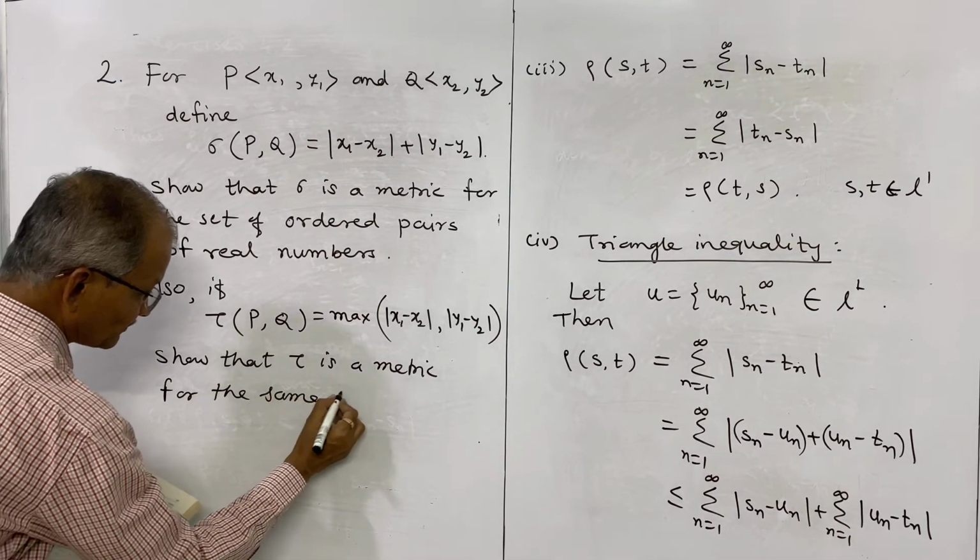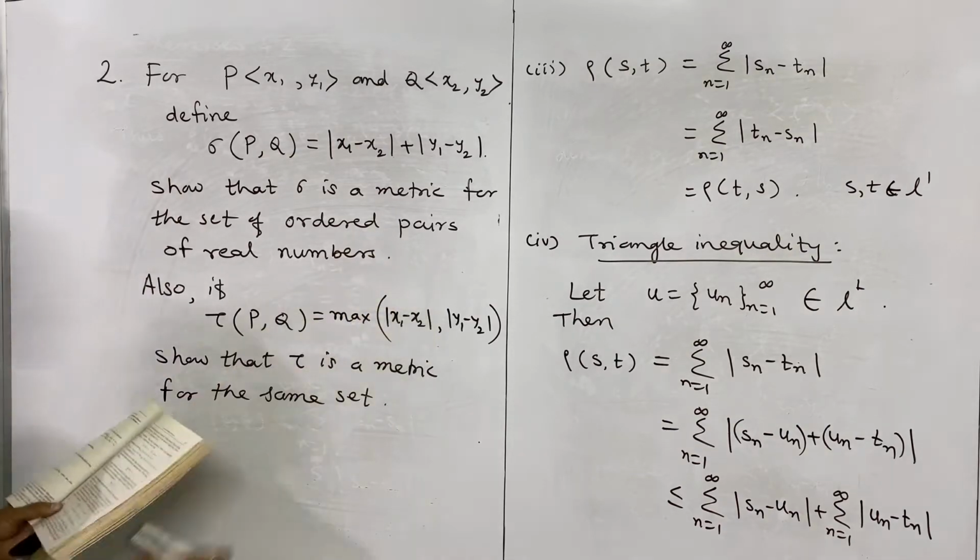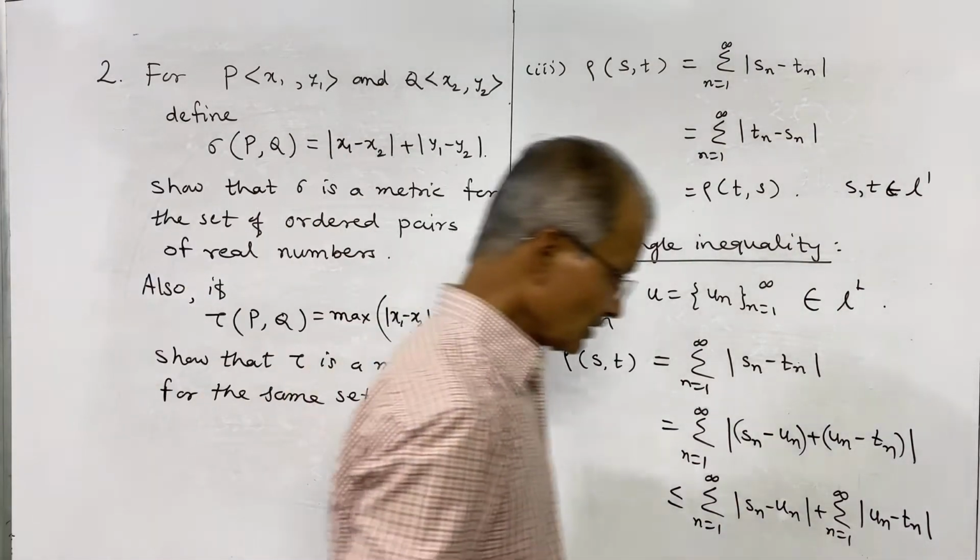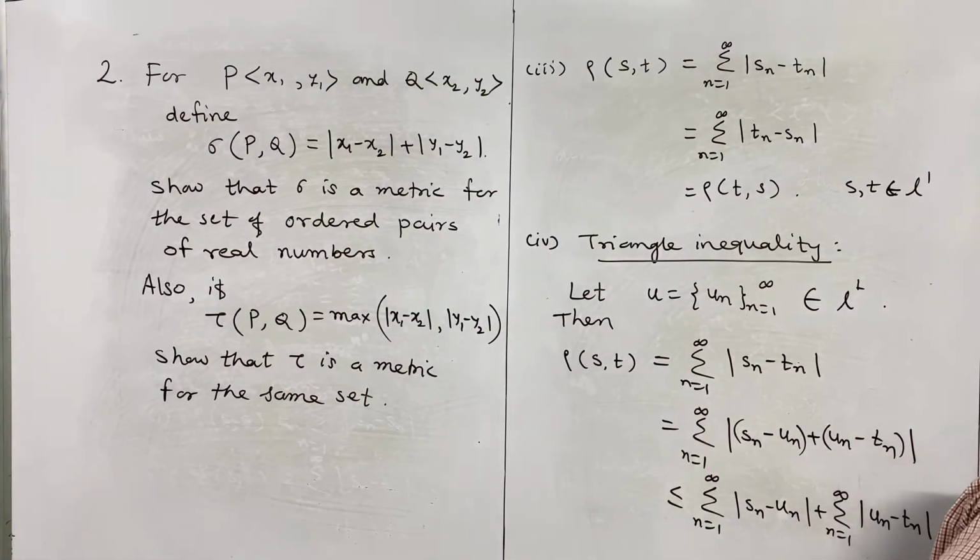The above set of ordered pairs means R2. So this is the problem and we will consider its solution.